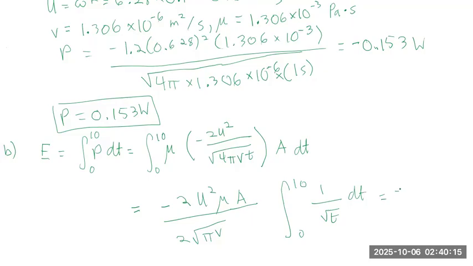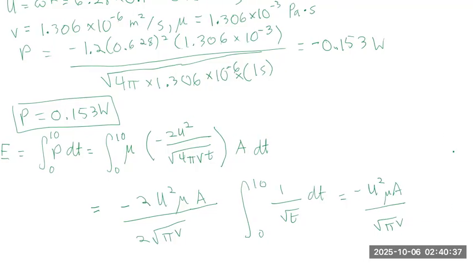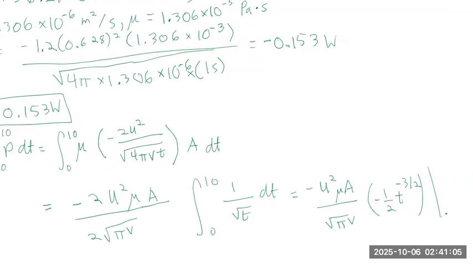This is equal to negative u squared mu A over root pi v, and then the integral of 1 over square root of t is equal to negative 1/2 times t to the negative 1/2 minus 1, which is negative 3 over 2. This evaluated from 0 to 10.